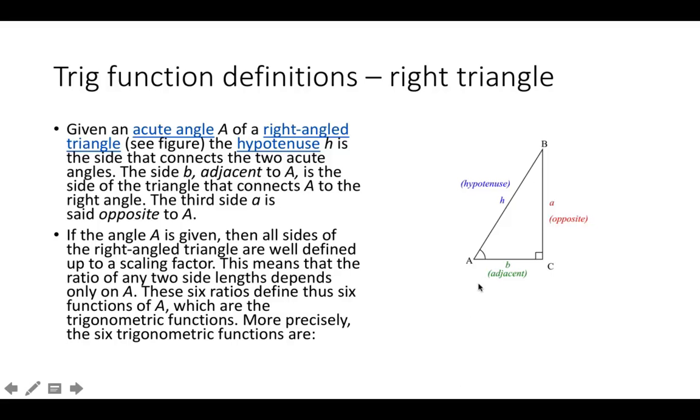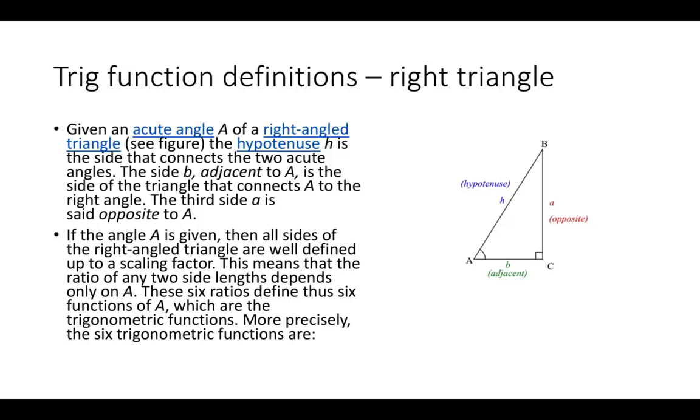So here's an illustration of a right triangle. It has angles A, B, and C. And then notice that the side of the triangle opposite the angle A is labeled with a lowercase a. Because the angles A and B are both less than 90 degrees, they're referred to as acute angles. The angle C, the way I have my labeling, is the 90-degree angle.